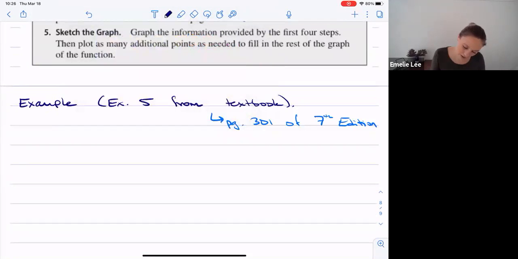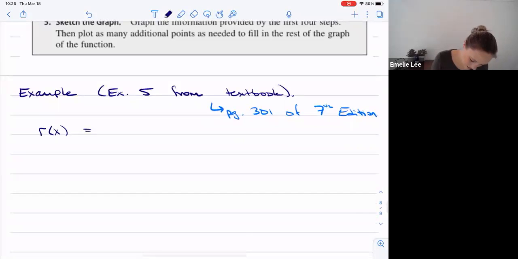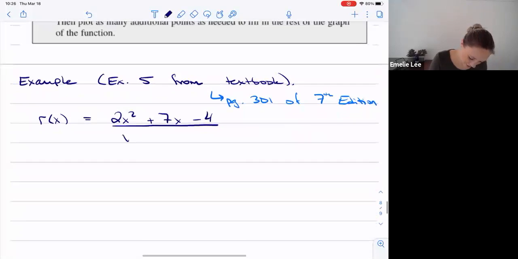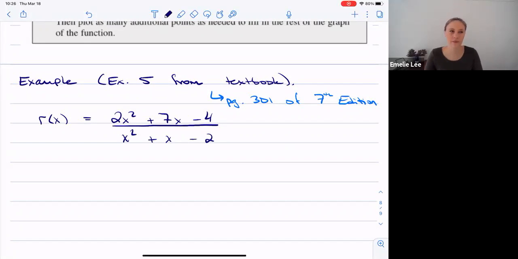Okay, so we've got r of x equals 2x squared plus 7x minus 4 divided by x squared plus x minus 2. Okay.